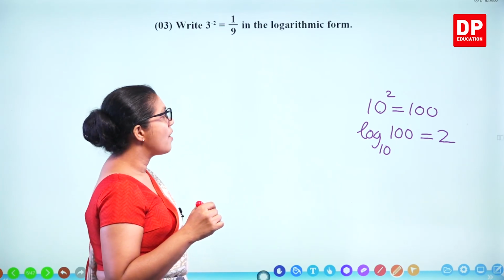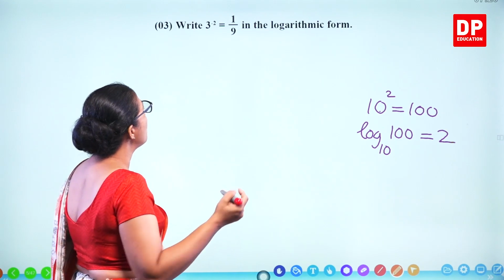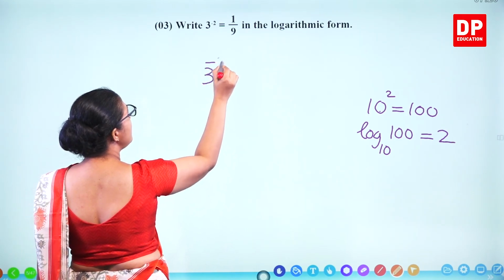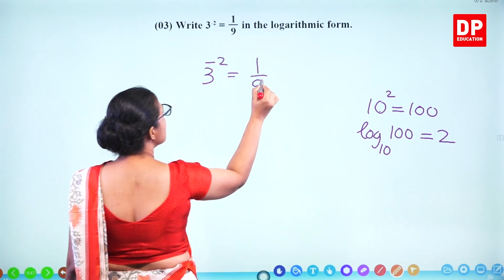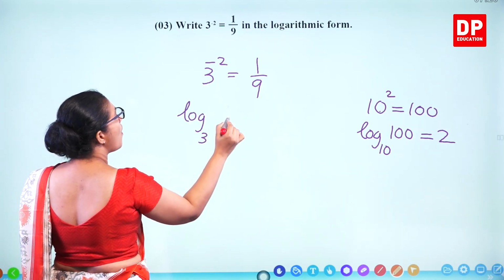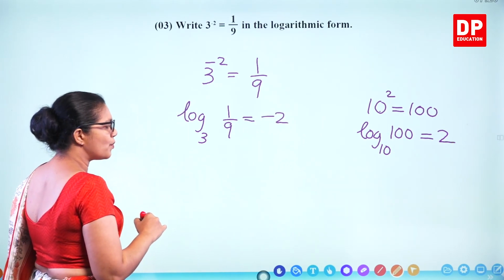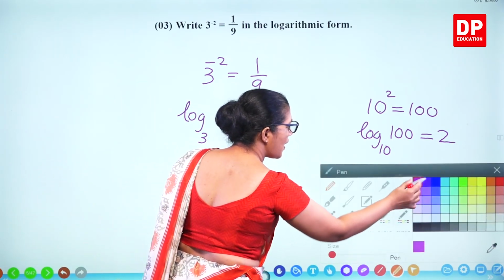That's how you write index notation and logarithmic notation. So how can you write this one? We can write log base 3 of 1 over 9 equals minus 2. You get 2 marks for that.